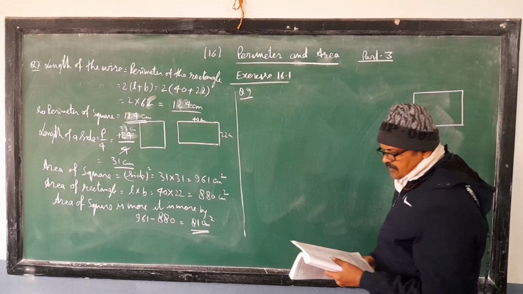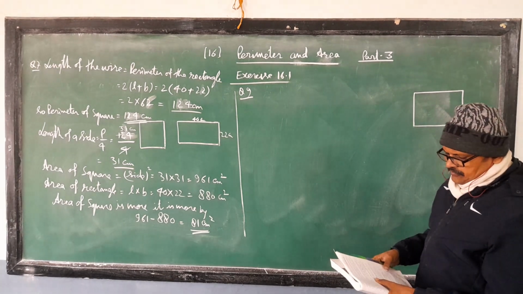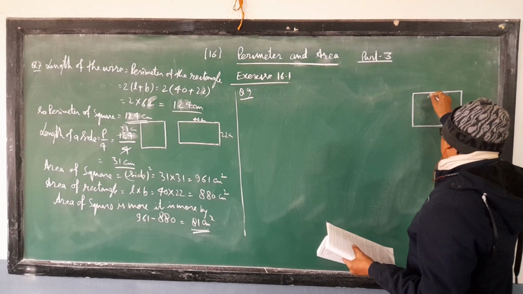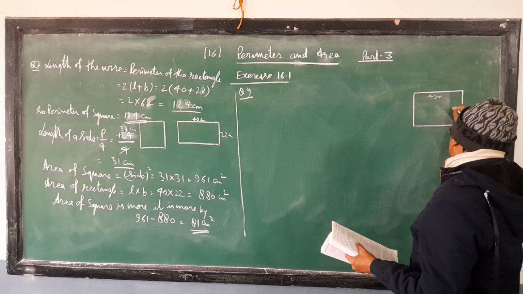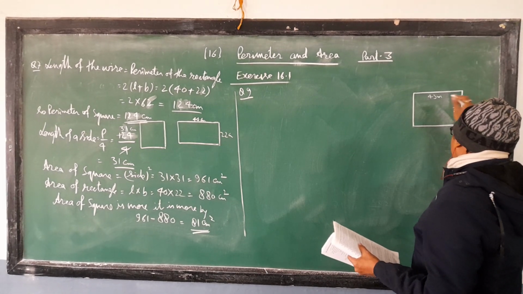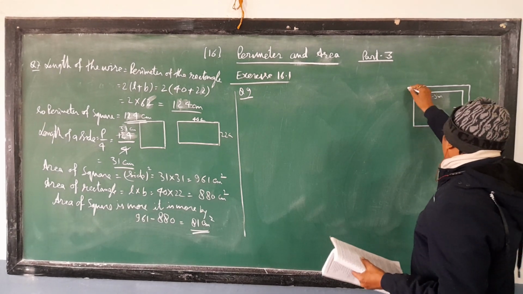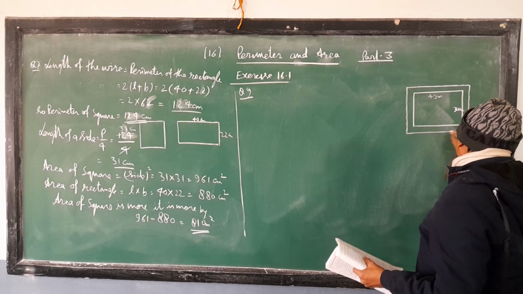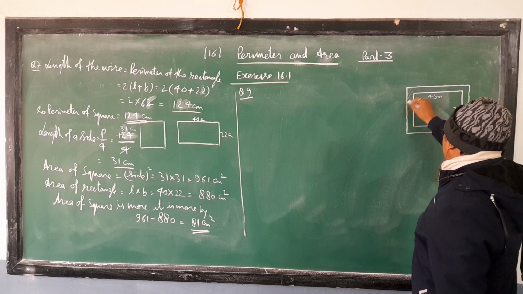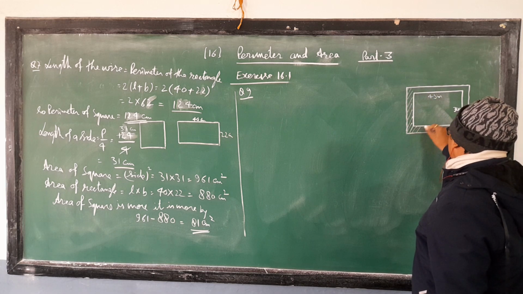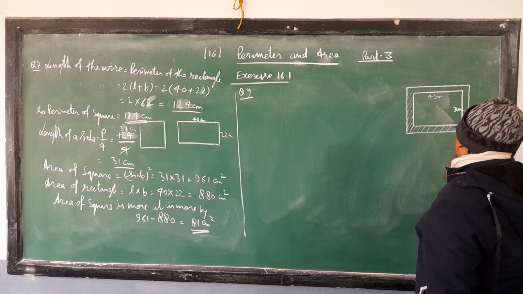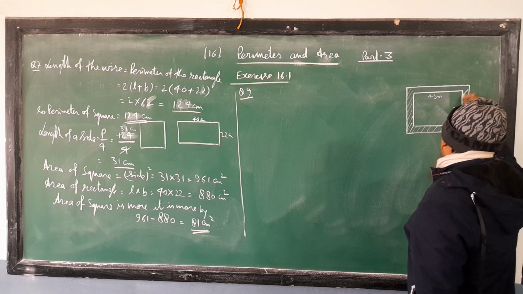Its length is 45 meter and breadth 30 meter. There is a path outside the rectangle. I can shade the path. Shaded part is the path.